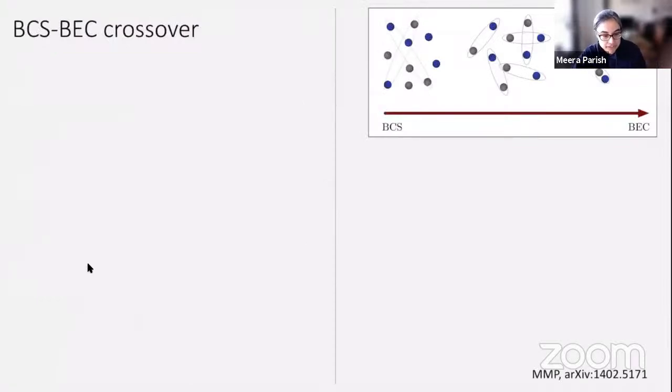So what we're going to do here, like we mentioned before, is that we're interested in the crossover between different types of pairing regimes. We're going to consider two types of fermions, so a two-component Fermi gas.